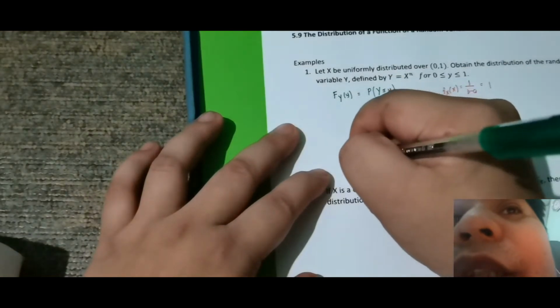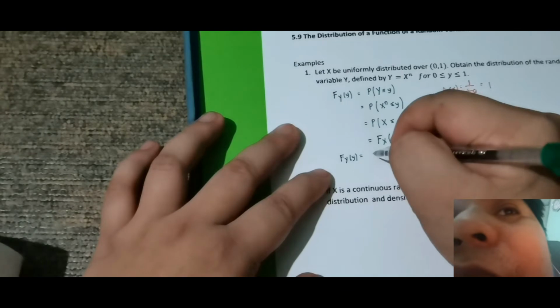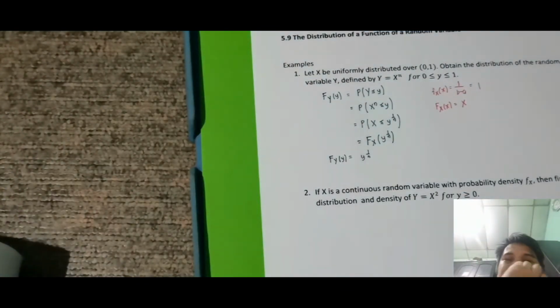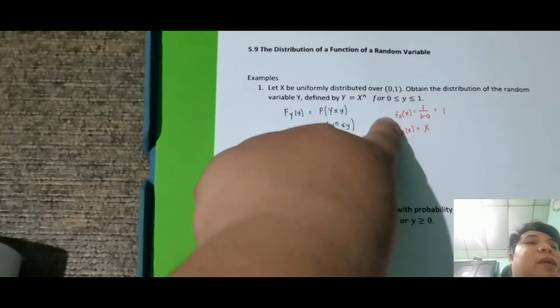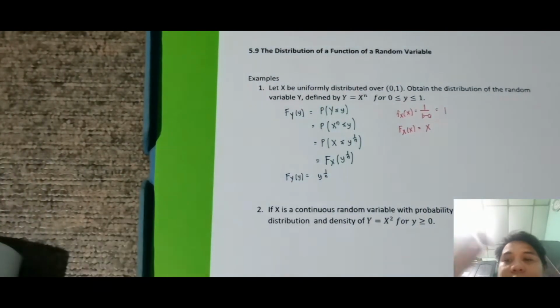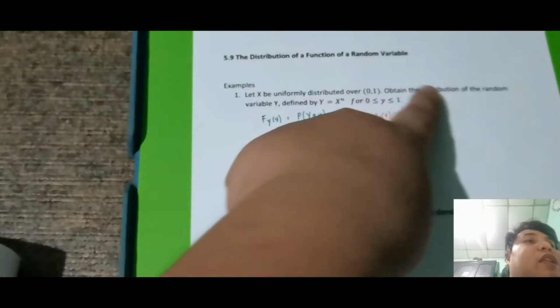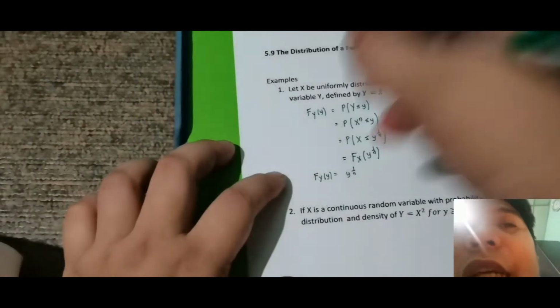This is just simply, so this is just simply f sub y of y is just simply y raised to 1 over n. So ginamit ko yung idea na kung saan, okay, gamit si uniformly distributed o yung kanyang density function na ito, nakuha ko yun. Okay, so now, ready na tayong hanapin yung kanyang density function kasi obtain the distribution of the random variable y. So ito na yung distribution function niya. So okay na tayo sa CDF.